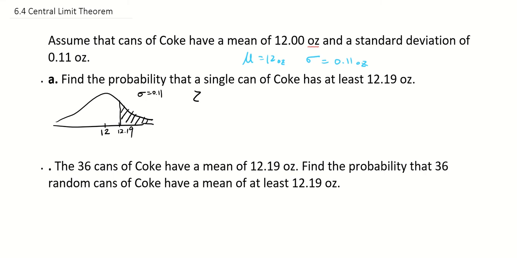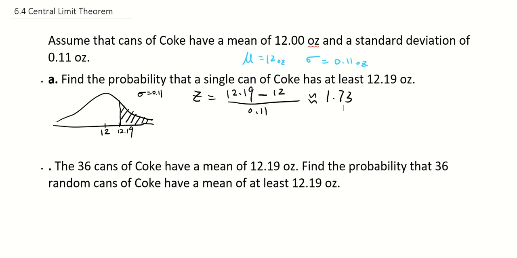The z-score of 12.19 is equal to, first, the number you want to find the z-score for, 12.19, minus the mean, which is 12, divided by the standard deviation, 0.11. If you go through the calculation, we can round it to the nearest hundredth, 1.73.